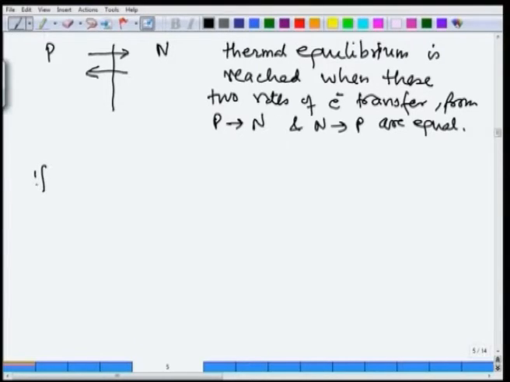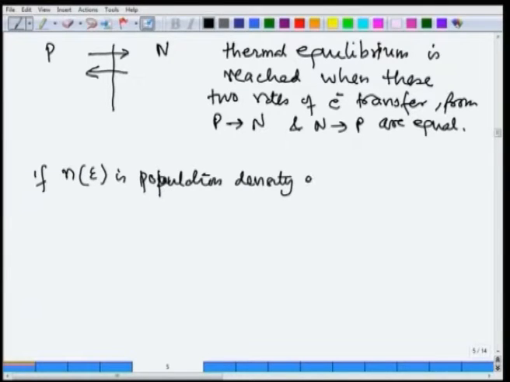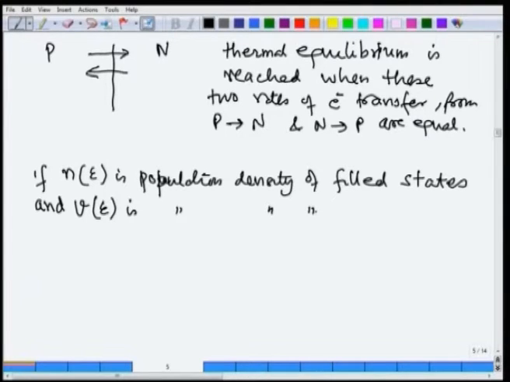So if Ne is the population density of filled states, and Ve is the population density of empty states, meaning holes, then what is this function?